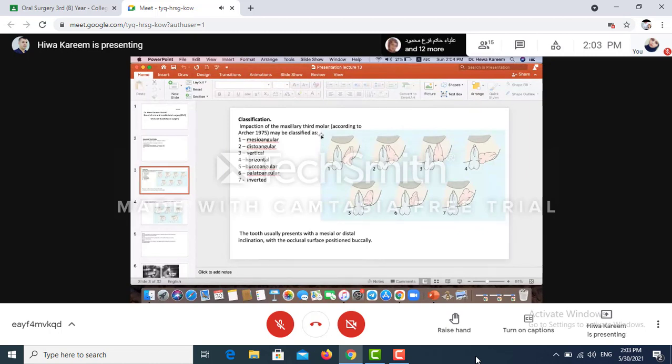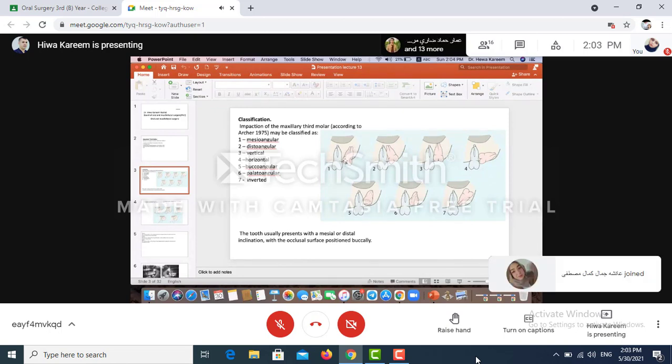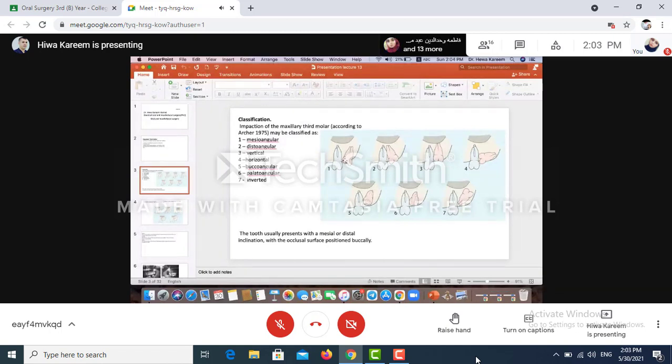The classification by Archer: first, mesio-angular. This one is difficult for extraction. This one is opposite to lower wisdom tooth.